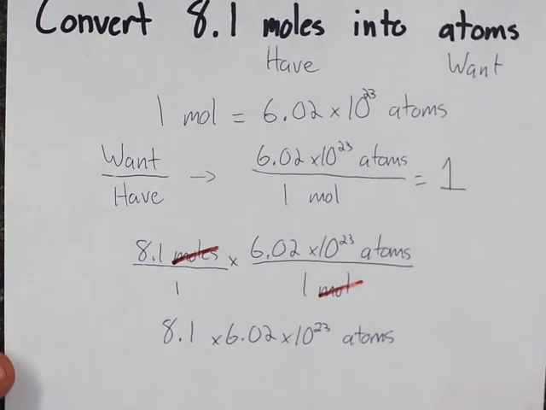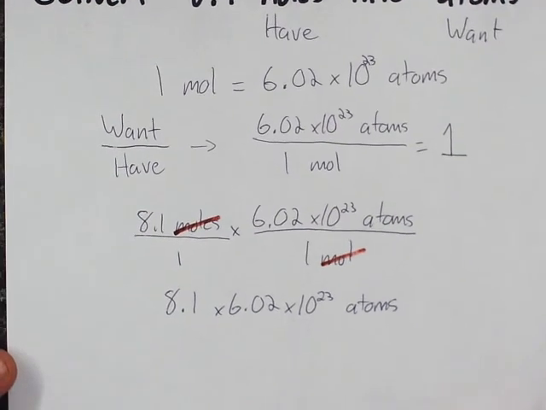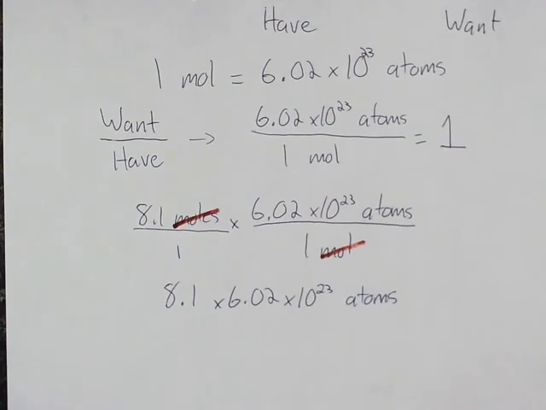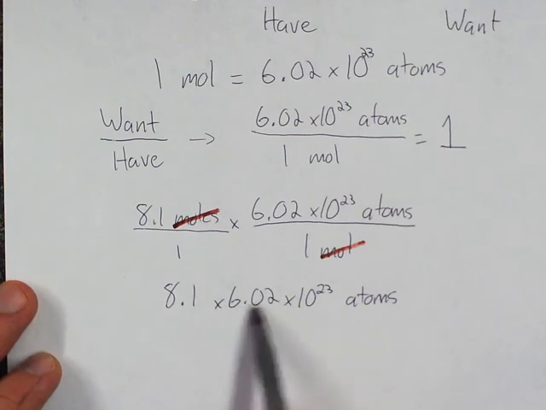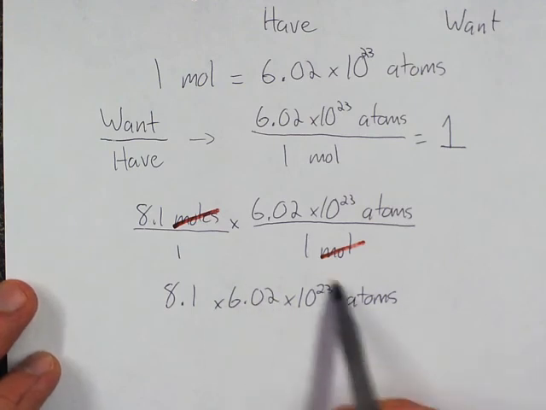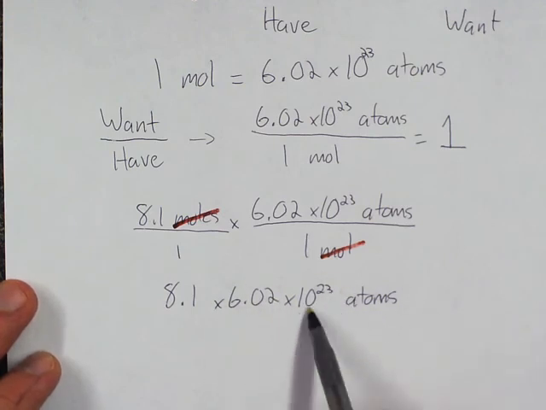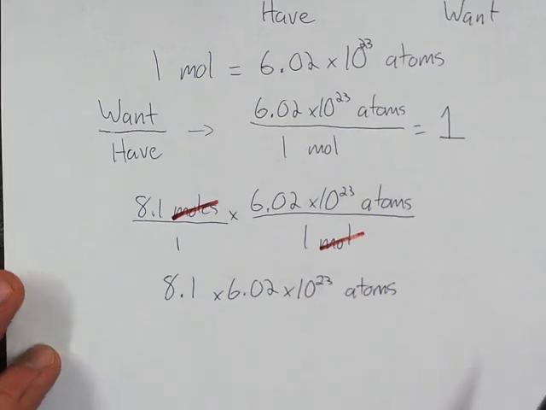Now, this kind of goes back to our second problem that we're going to do. When we're multiplying with scientific notation, just worry about the coefficient part of the scientific notation. Take the base and the exponent along for the ride. Don't change anything. We'll adjust everything after the fact.